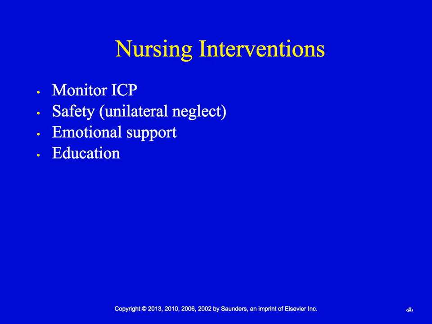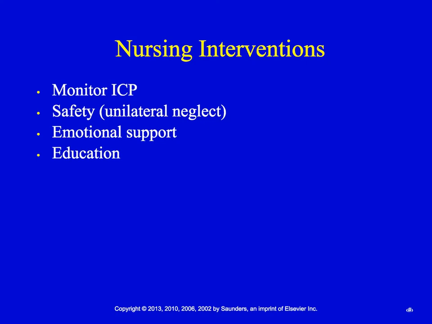Emotional support is very important, of course, as with any significant health issue. You need to make sure that they have the support that they need in order to work their way through a significant change. If it's somebody who has had a significant brain attack, and again, if maybe one side of their body is completely paralyzed, that could be an extremely huge change in their life.